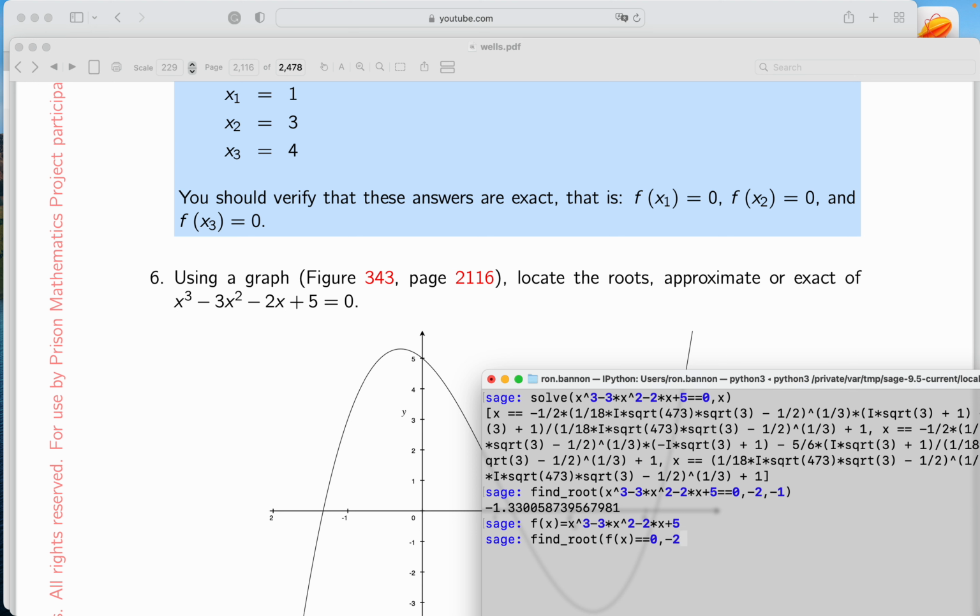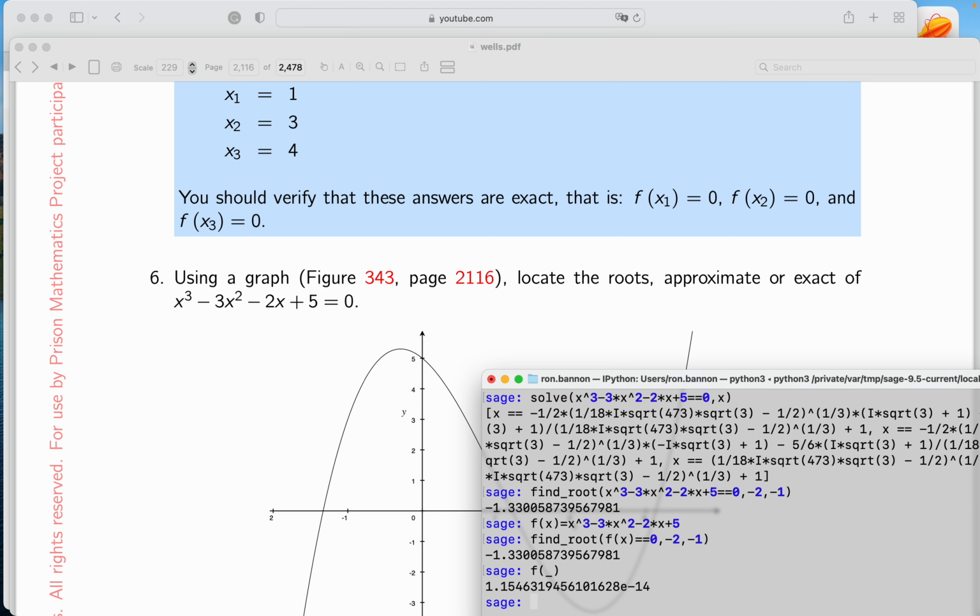Whoops, I made a mistake. Let's see what happens. I get the same answer. Let's do this: f evaluated at the underscore, which takes the output from the prior input. And what should it be? It should be 0 if that's the root. But it's probably not going to be 0, and because it's an approximate, probably going to be close to 0. Yep, really close to 0.